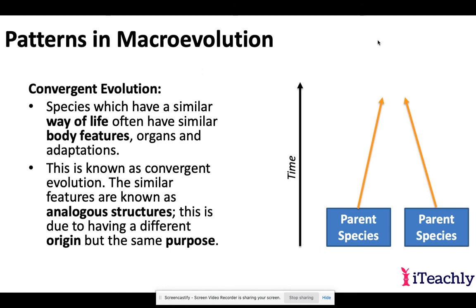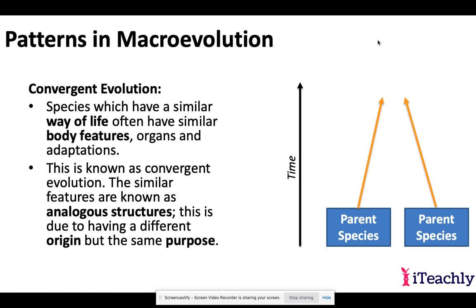Convergent evolution involves species which have similar ways of life. They live in similar habitats and have similar niches. As a result of the similar niches, they're going to have analogous structures. With an analogous structure, the structure is not the same, but its function is the same.